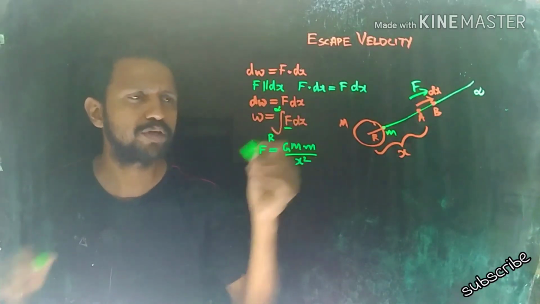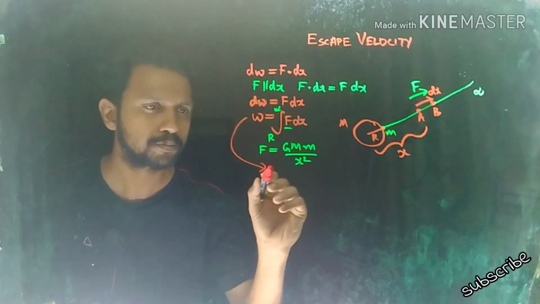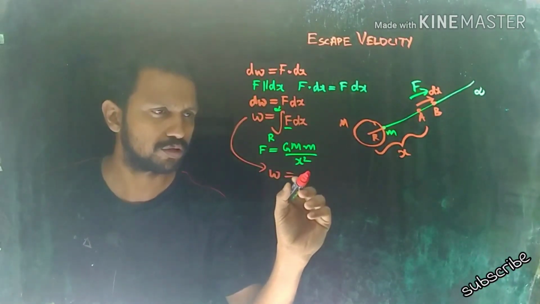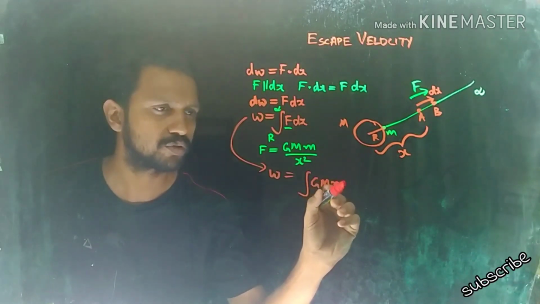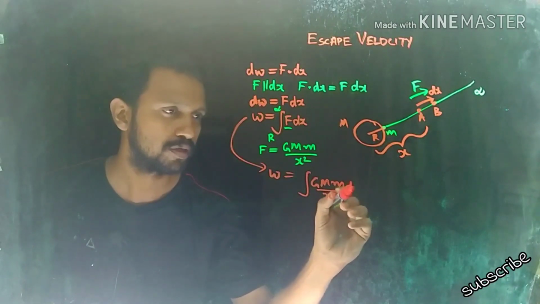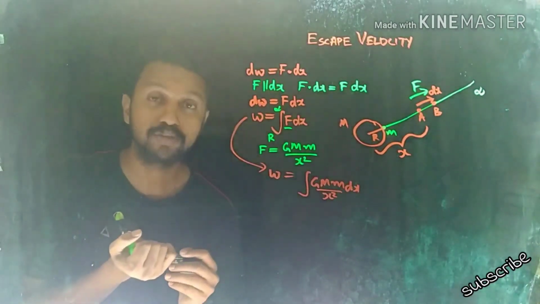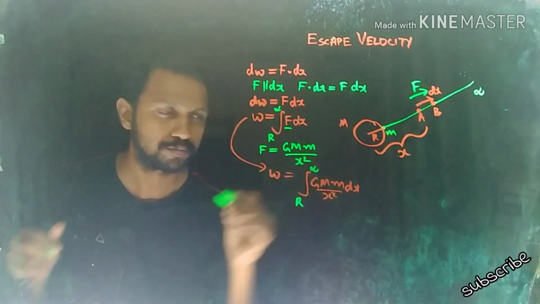Therefore, I am substituting the value of F into that W. We will get W is equal to integral G capital M small m divided by x square into dx. Clear? And there should be limits given. It is from R to infinity.